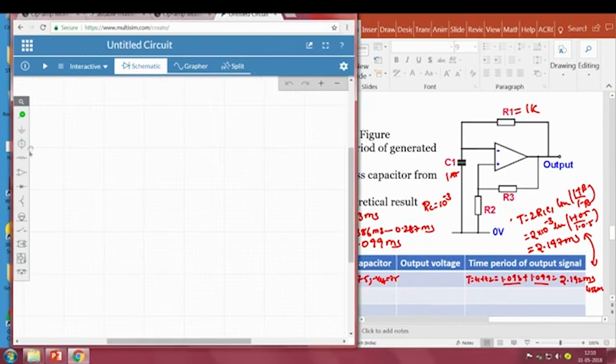So first I have to take our op amp. I will take a 5 terminal op amp, so that we can even provide plus VCC and minus VCC, and I will swap the positive and negative just by flipping the circuit. Then we have to consider R2 and R3.